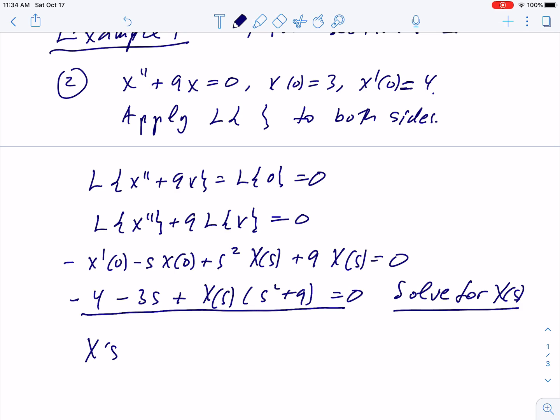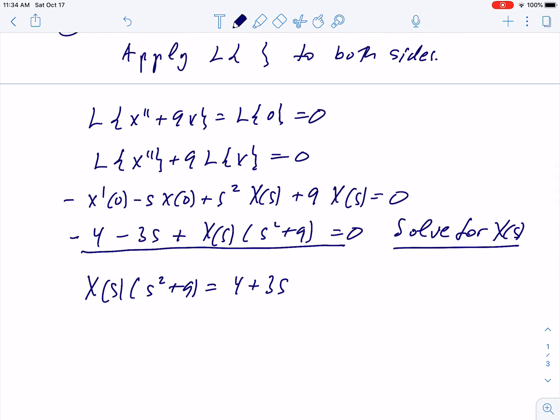The big X of s multiplied by s squared plus 9 equals 4 plus 3s, bringing these two terms on the other side. So the big X of s will be 4 plus 3s over s squared plus 9.